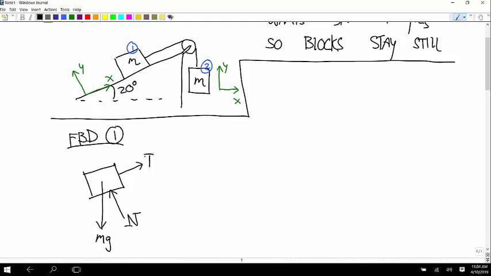If you can't tell from looking at that picture what would happen if there was no friction, then you kind of have to do this problem without friction and see which way the system is going to accelerate. And that would be a huge pain.